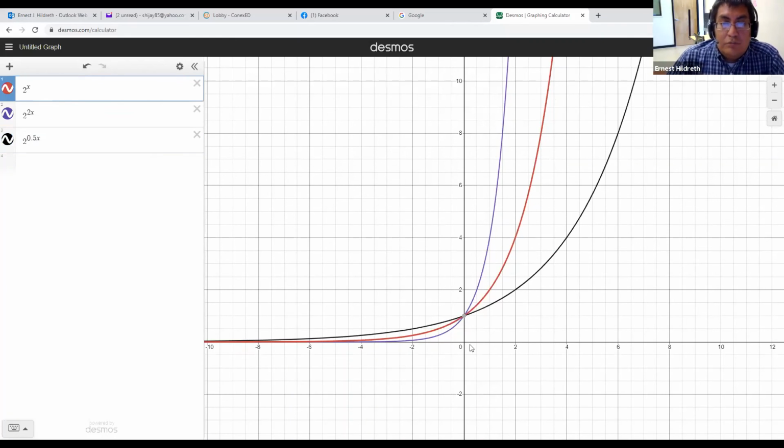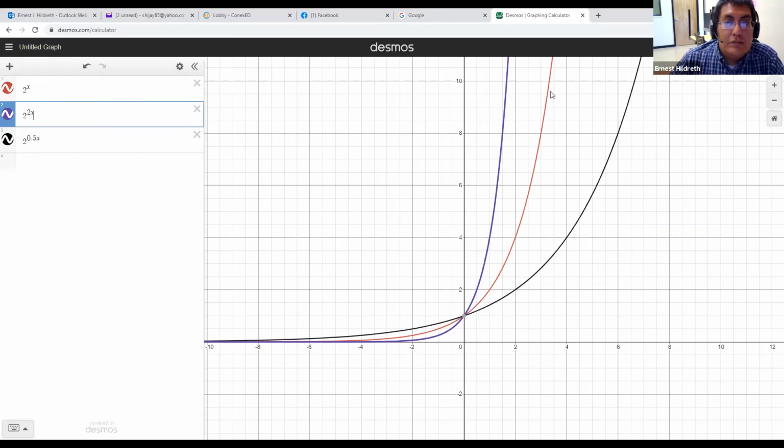All right, so we have our graphs. We have 2 to the power of x in red. That's our original graph. Now, like I was saying before, when we add in constants that are greater than 1, it will shrink as it did here with the purple graph, our second one.